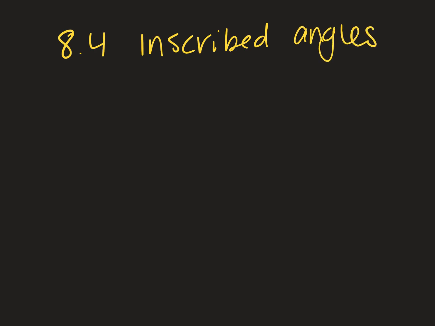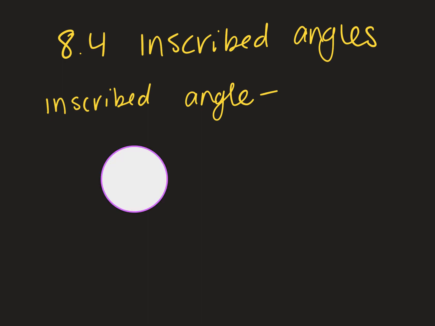Okay, so 8.4 is inscribed angles. All right, so remember, an inscribed angle is an angle whose vertex is on the circle.